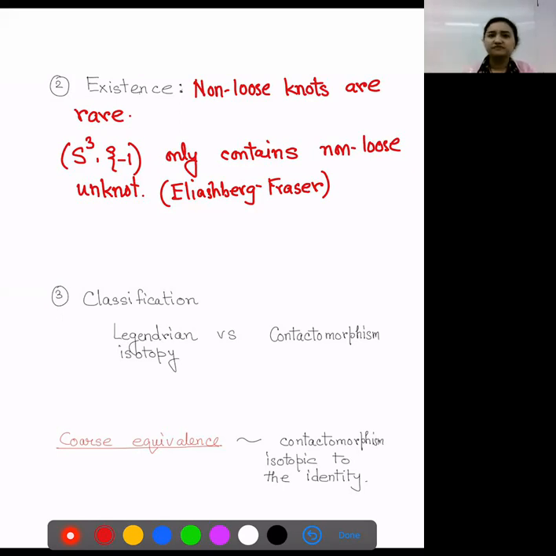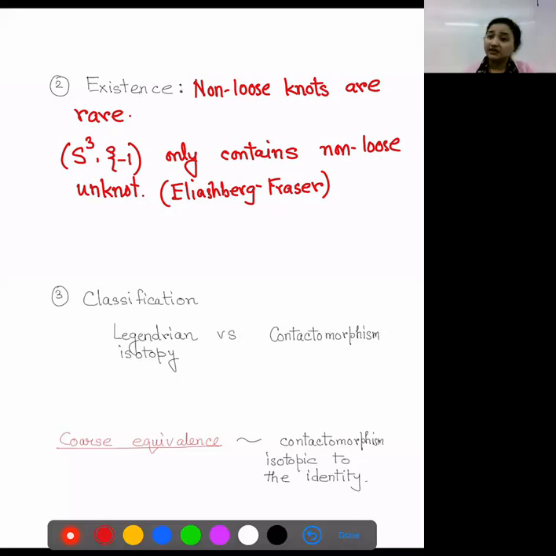They are equivalent. So if you can prove up to contactomorphism, that implies up to Legendrian isotopy. But that is not true for any general contact manifold or even in S3 when S3 is over-twisted. So if we can prove something up to contactomorphism, that does not imply Legendrian isotopy. Legendrian isotopy is a lot stronger there.